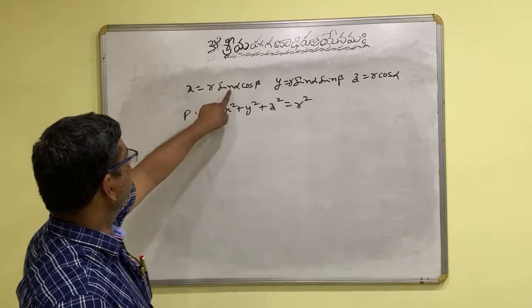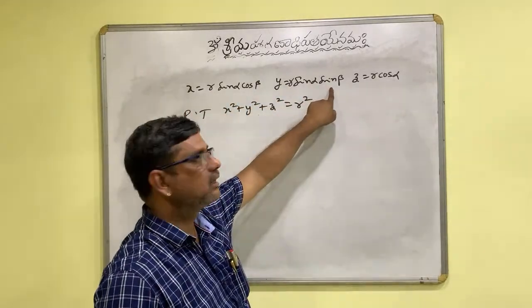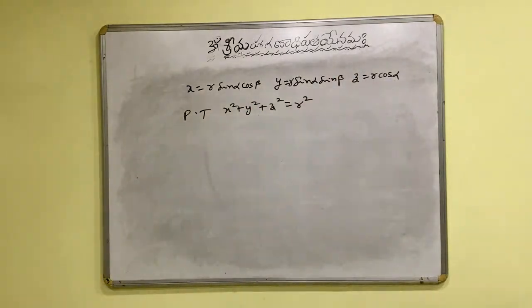X is given r sin alpha cos beta, Y is given r sin alpha sin beta, Z is given r cos alpha. And we have to prove that x square plus y square plus z square is equal to r square.